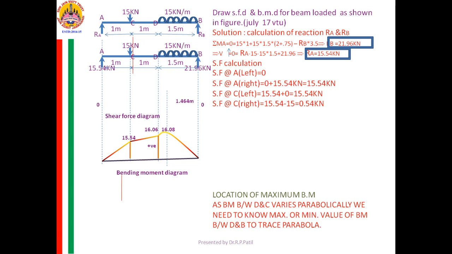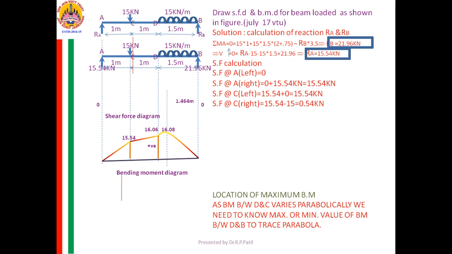Now see what they are doing. 15 into 1.5 is the total load, acting on the right side and is carrying the right down. Therefore, right is down means left is up. It should be positive.